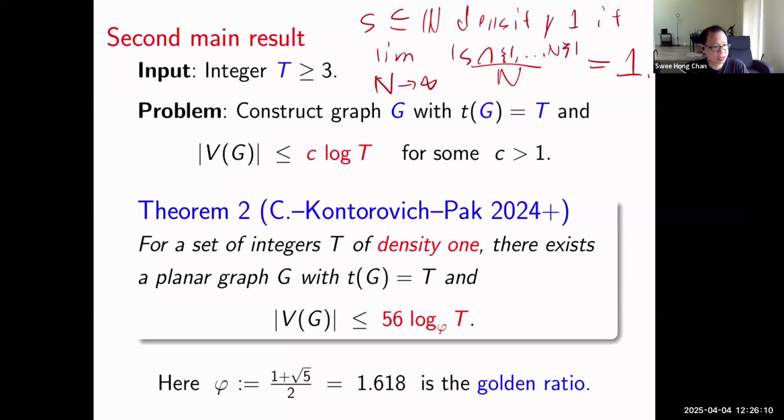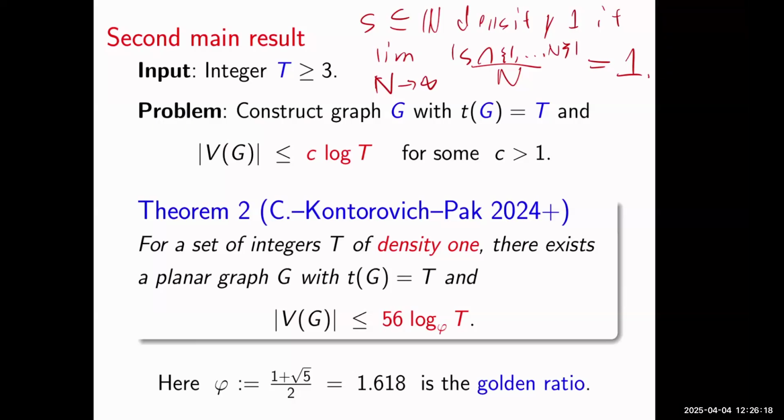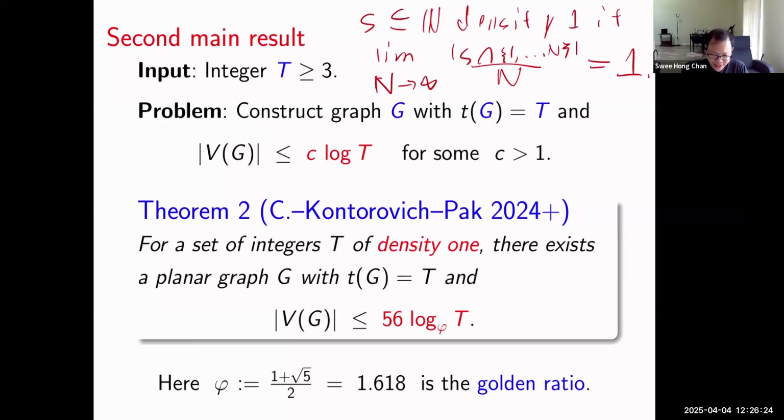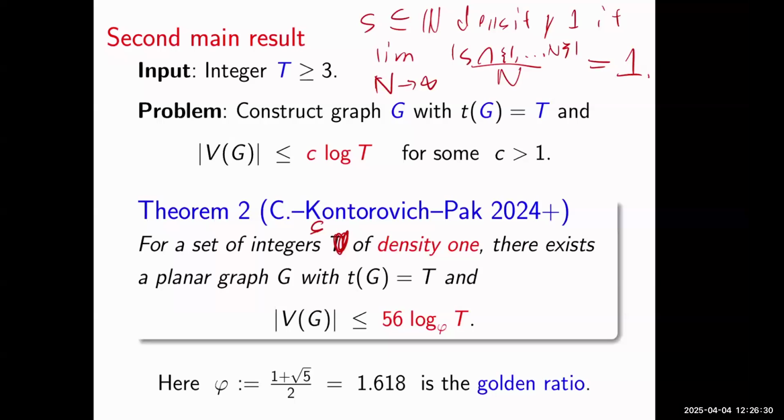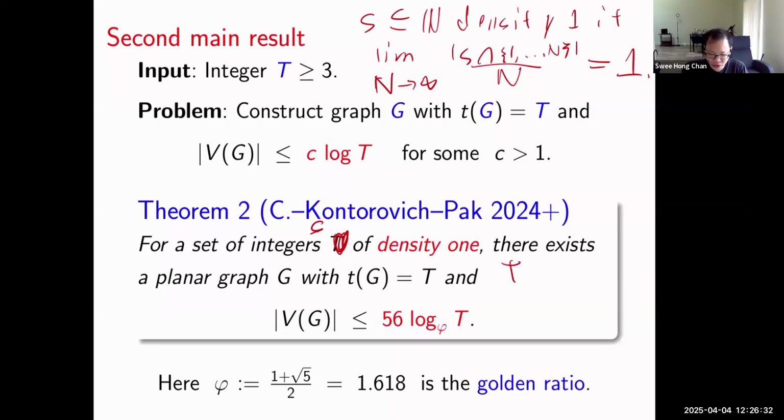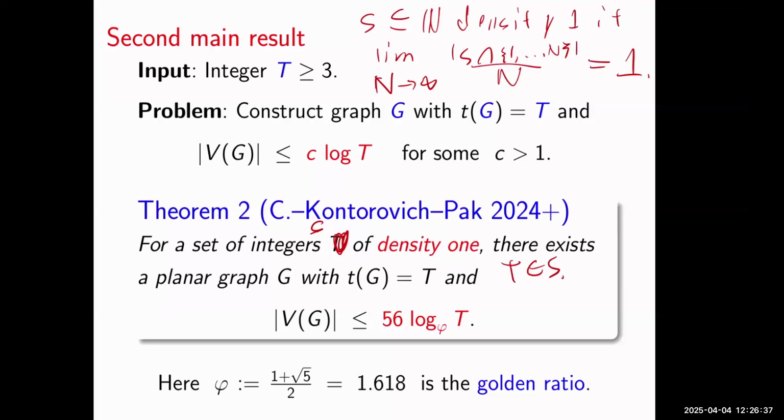We want to construct a graph whose number of spanning trees is equal to that number. So let's say T is equal to 5. But in your theorem statement, you say for a set of integers T. I see. This is a set of integers S of density 1. There exists a planar graph with t(G) equal to T and T is contained in S. Okay, yeah, all right. Thank you so much for the clarification.